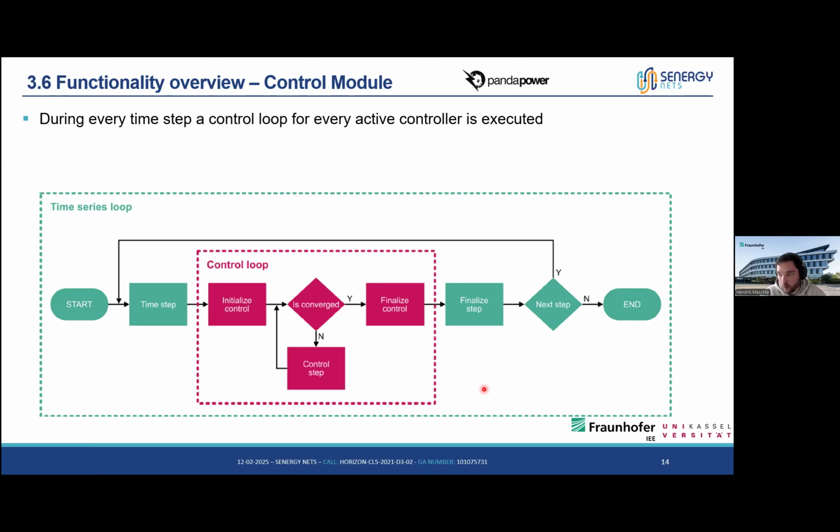And the constant controller is just updating all the power values for the loads and for the generators for every single time step we have. So we always need the control module also to use the time series simulation, to guarantee that our power values are updated in every single time step.